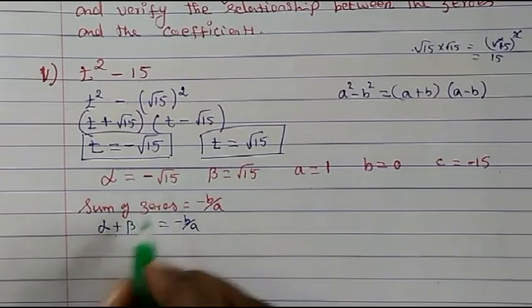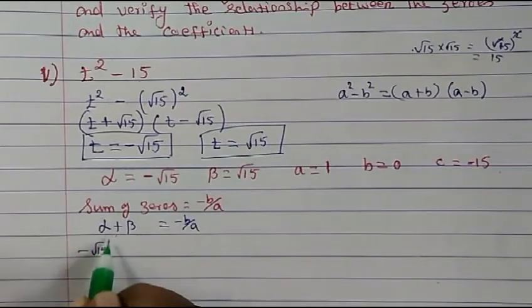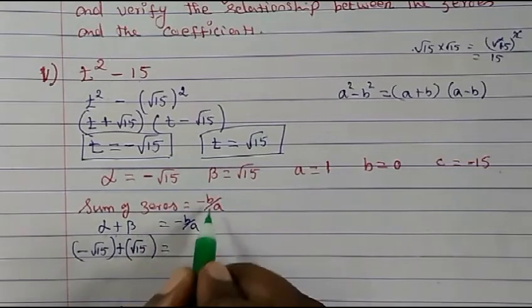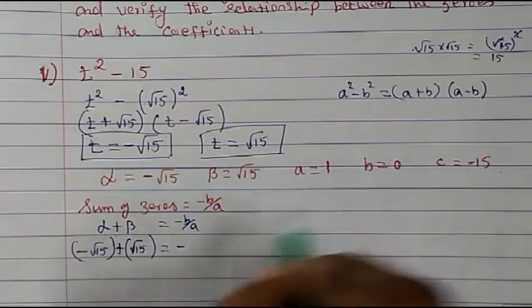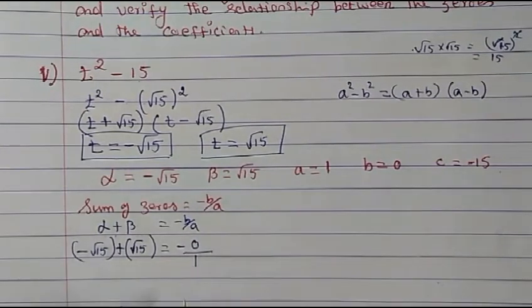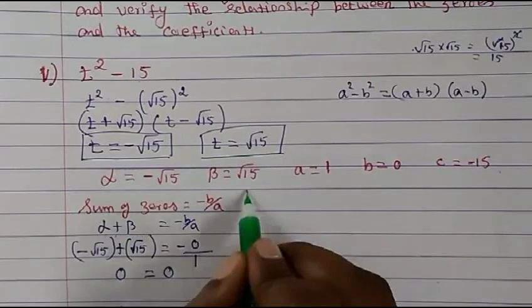Now alpha is minus root 15 plus beta is plus root 15. Then minus, we'll write as it is, b is 0 and a is 1. So now here minus, here plus, so it will become 0. And 0 divided by 1 will also give us 0.